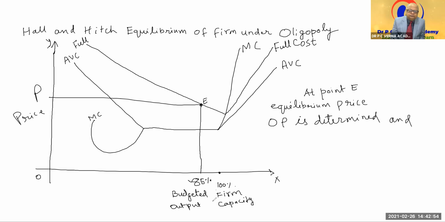What is the amount of budgeted output? 85% of the firm capacity. You give a name Q, OQ. OQ is budgeted output.